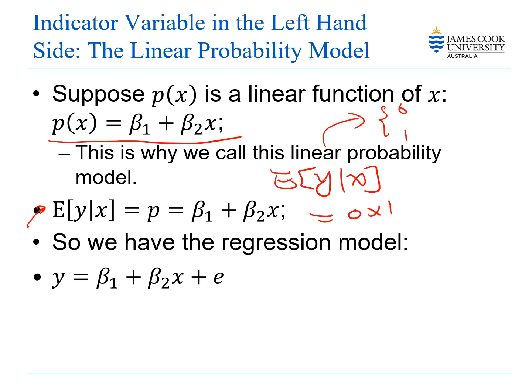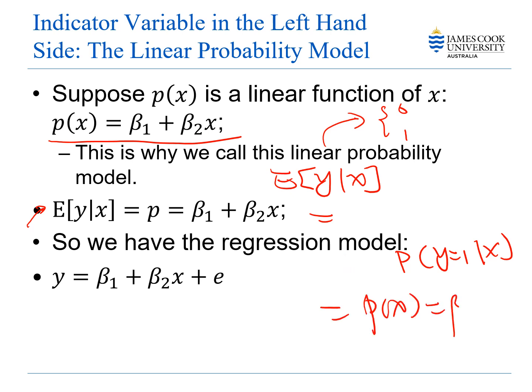It's 0 times the probability that y is equal to 0 given x, plus 1 times the probability that y is equal to 1 given x. 0 times anything is 0, so we can ignore that, and 1 times the probability is just p(x), which is equal to beta 1 plus beta 2 x. From this equation we can obtain the regression model: y is equal to beta 1 plus beta 2 x plus the error term e. That is what is called the linear probability model.